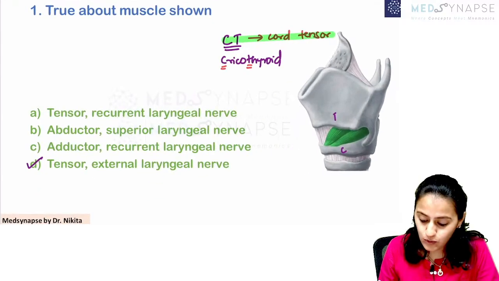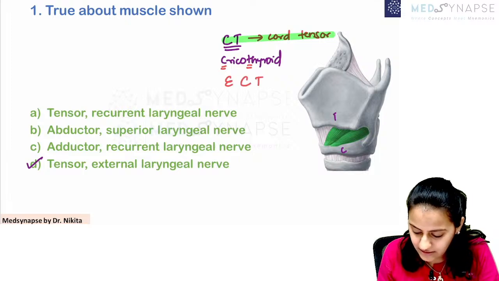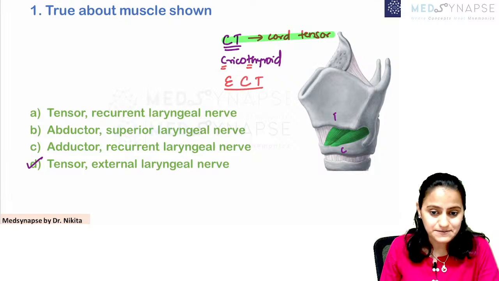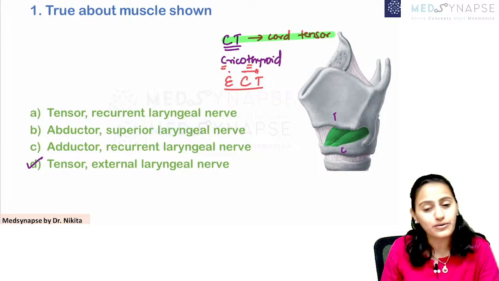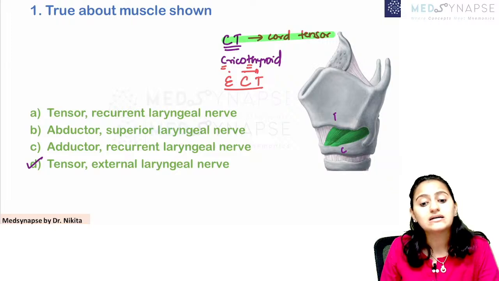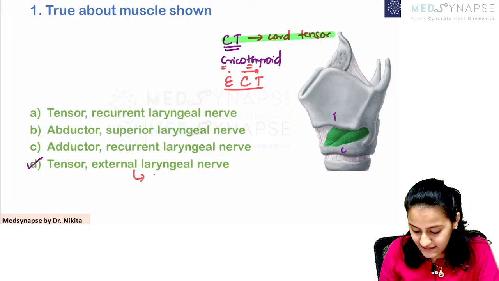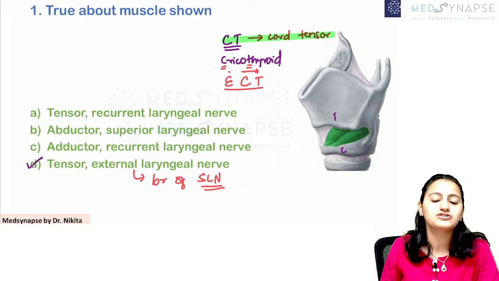And this is the only muscle which is supplied by external laryngeal nerve. So remember it as ECT. The external laryngeal nerve supplies the cricothyroid. Rest all are supplied by recurrent laryngeal nerve. External laryngeal nerve in turn is a branch of superior laryngeal nerve.